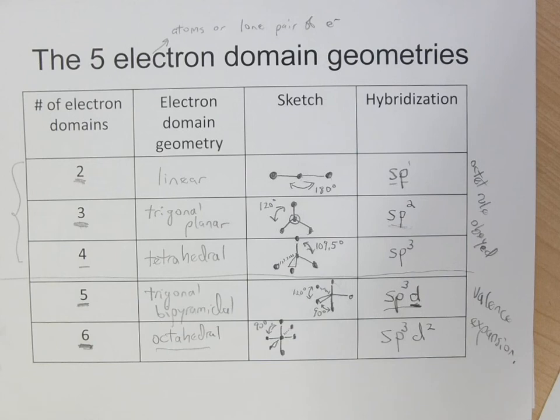So here's the 5 electron domain geometries. And once we understand the 5 electron domain geometries, understanding the shapes of the molecules that are possible from there is more straightforward. So there they are, the 5 electron domain geometries, and the idea that these geometries are going to allow us to understand the geometry of the molecule is really important.